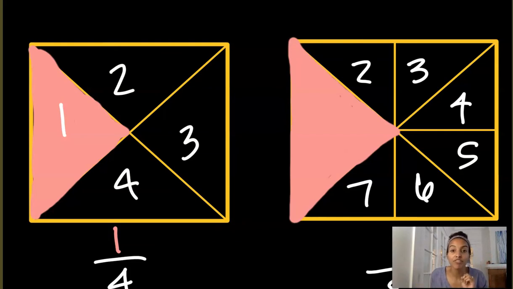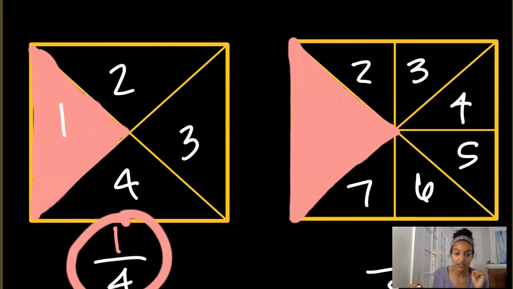So the equivalent fraction to 1/4 here is 2/8. And that's because this square was split into 8 parts, but 2 out of those 8 parts, so 2/8 of the square, are equal to 1/4 of this square over here on the left.